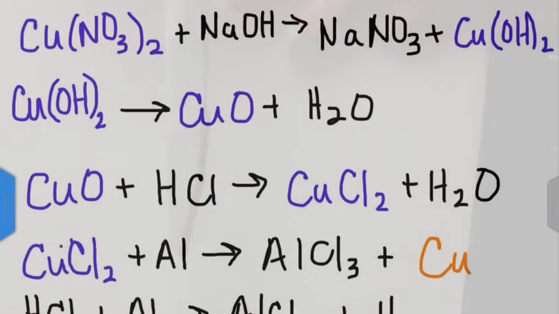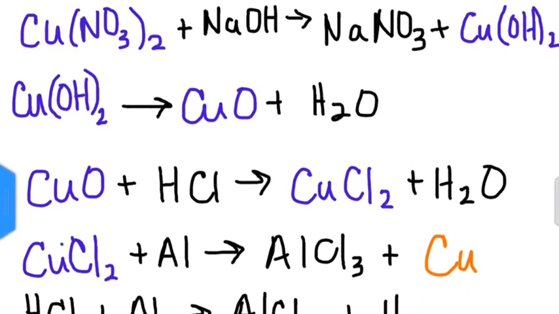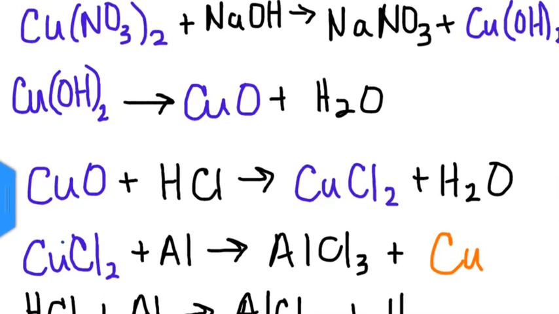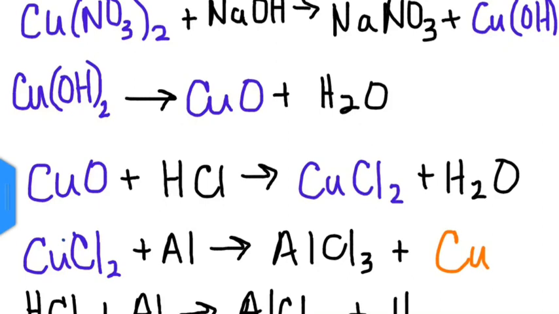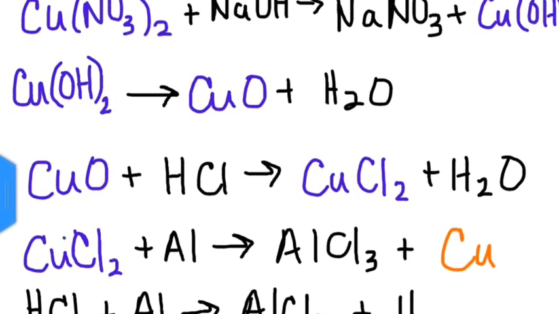The brownish red substance is copper, and what we've done then in these 5 reactions is we've taken the copper 2 ions from the copper 2 nitrate, and the electrons that were initially lost were regained during the course of the reactions to form neutral copper metal again.